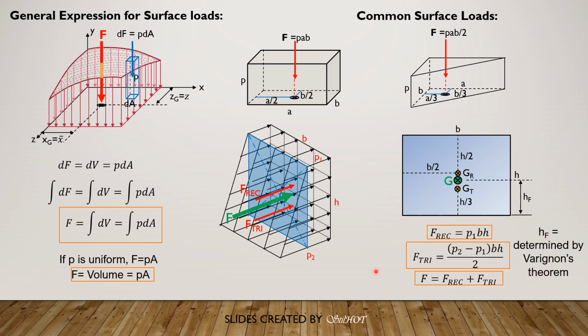So HF is determined by Varignon's theorem. So F, which is F rectangle plus F triangle, times HF equals F of rectangle times H over 2 plus F of triangle times H over 3. And we can locate HF from the bottom. So that's it.